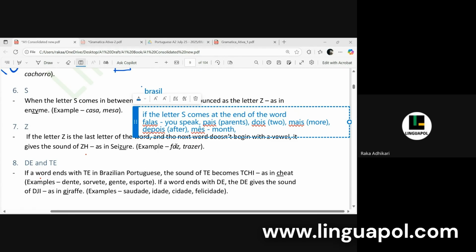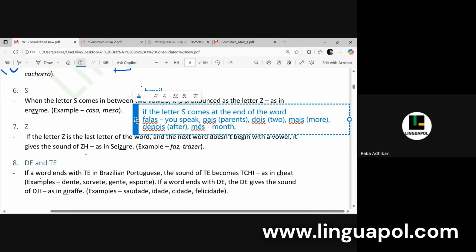So we have many words like this, and it is especially important because whenever you make a plural of any word, for example, you learned the word casa and you want to make a plural of it, this will become casas. So what is happening here? The S that is coming in the middle of the word is coming in between two vowels, so our rule says it is z, whereas the last S is sh.